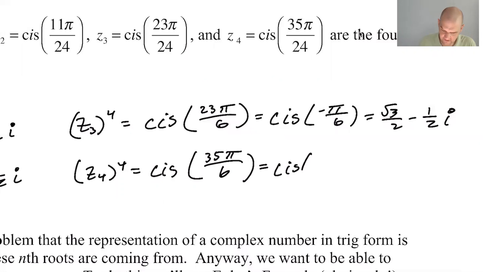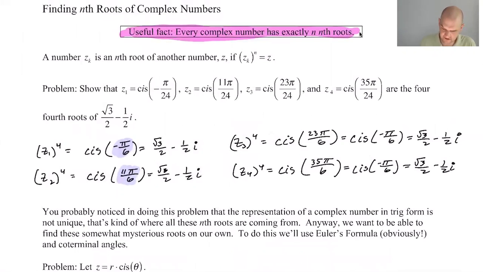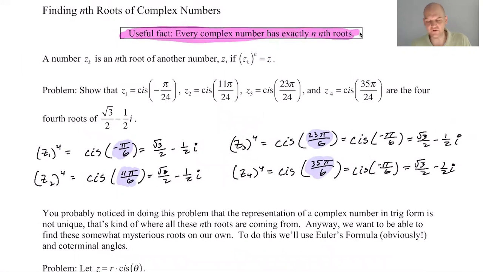So all of these to the 4th power gave us the same thing, because they ended up coterminal. They are the 4 4th roots of radical 3 over 2 minus 1/2 i.